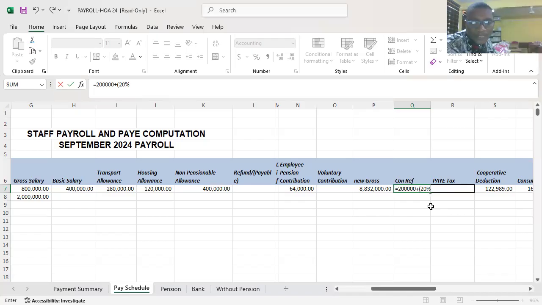So I will say 20% multiplied by the new gross. The new gross is the one of 12 months now. Close the brackets. You can't see it? But we've done this before anyway. Let me just try to.